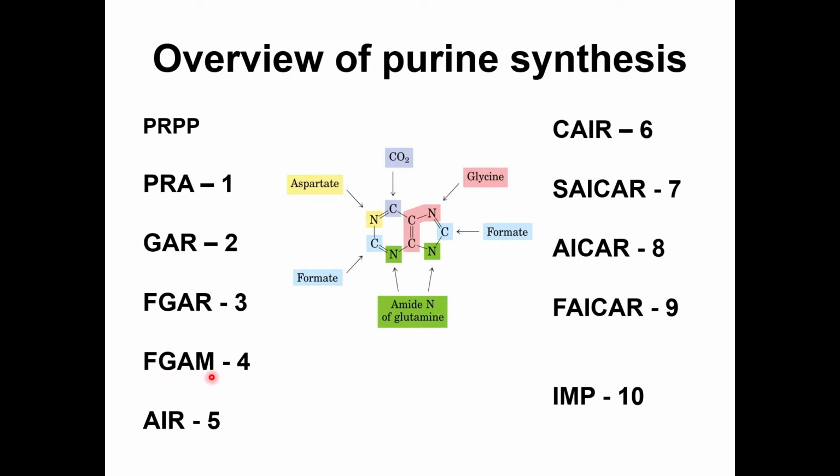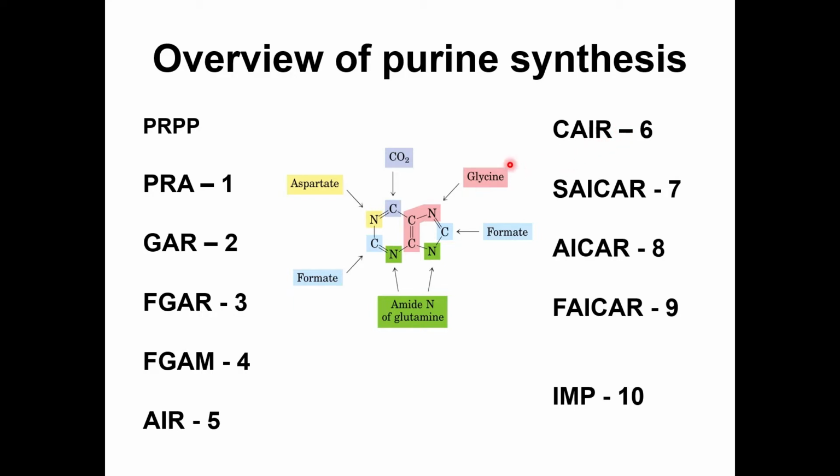Then from FGAM to AIR, this is the imidazole ring closure step. The second ring is closed in presence of the enzyme AIR synthetase, again an ATP dependent reaction. Then from AIR to CAIR, carboxylation is taking place, in presence of the enzyme AIR carboxylase.